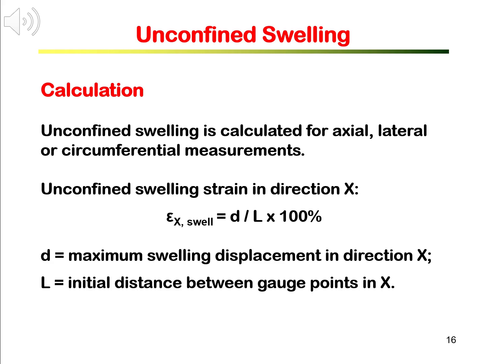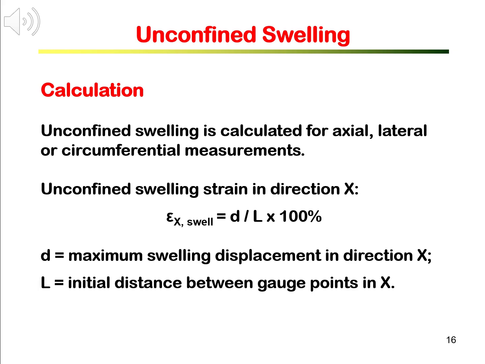Unconfined swelling strain is defined as the swelling displacement divided by the original length. Swelling strains are calculated for axial, lateral, or circumferential measurements. Unconfined swelling strain in the axial direction is therefore calculated as the measured maximum axial swelling deformation divided by the specimen length in the axial direction.